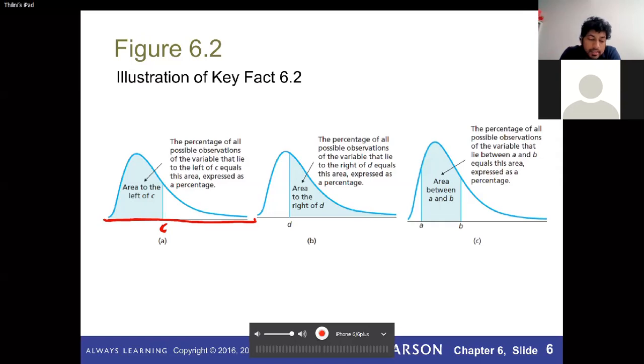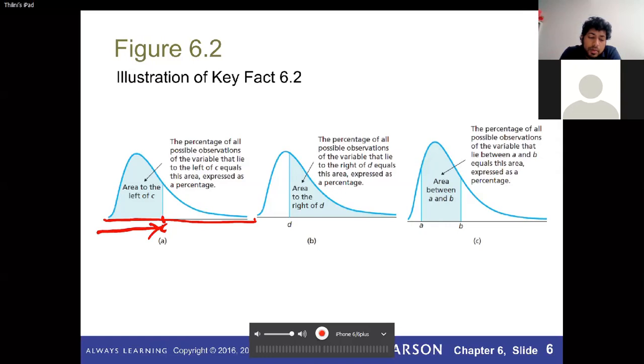So consider this value is C; I'm going to tell you the area with respect to C. I have colored the left hand side area, from the left hand side up to C.